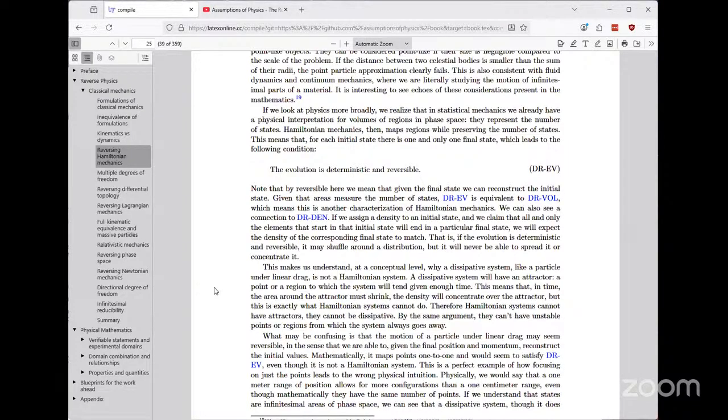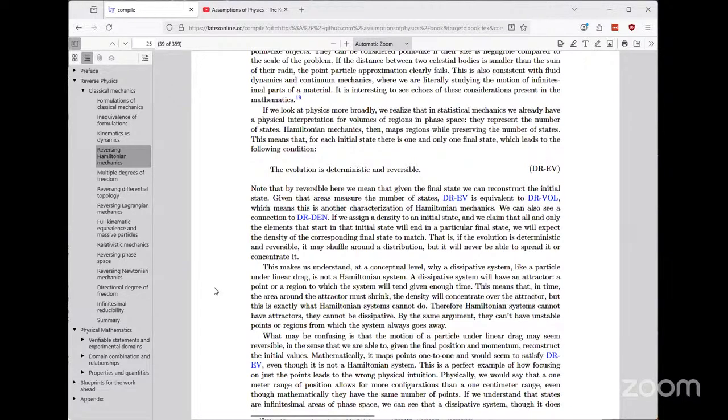The evolution is deterministic and reversible, DREV. Note that by reversible here we mean that given the final state, we can reconstruct the initial state. Given that areas measure the number of states, DREV is equivalent to DRVOL, which means this is another characterization of Hamiltonian mechanics.